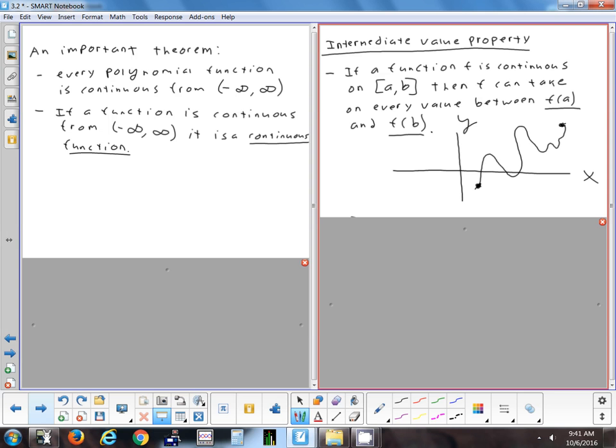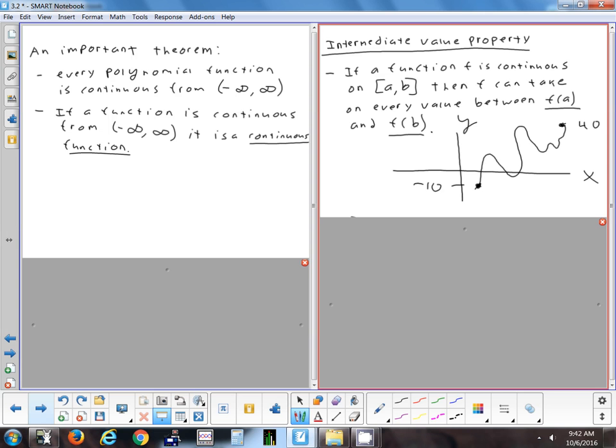You can't skip a y value. Like if this is negative 10 and up here is positive 40, at some point you're going to go through the y value 6. You have to. If you're going from negative 10 to 40 and it's continuous, you're going to go through every value in between. That's the intermediate value property.